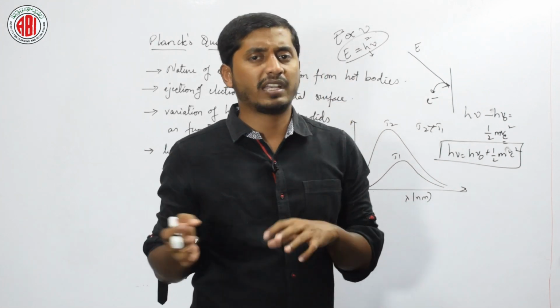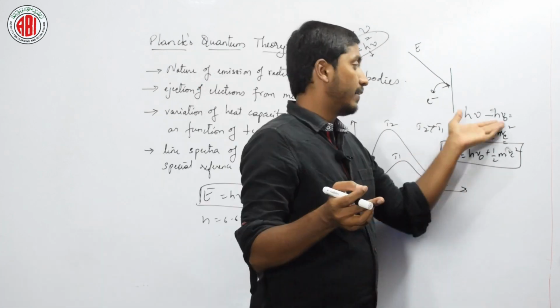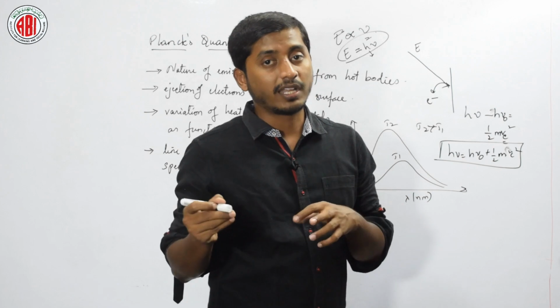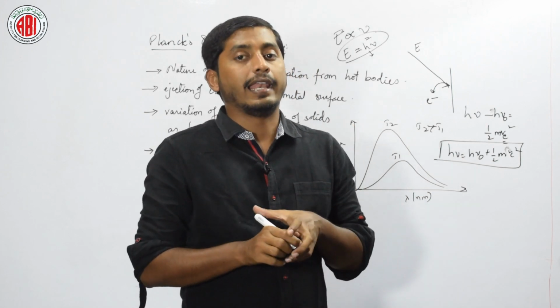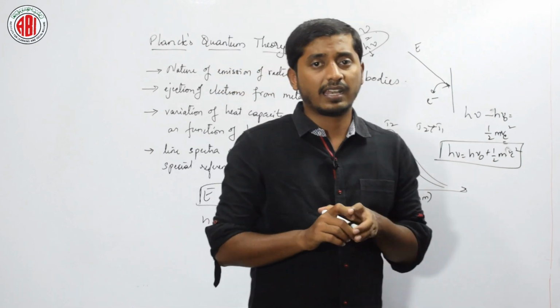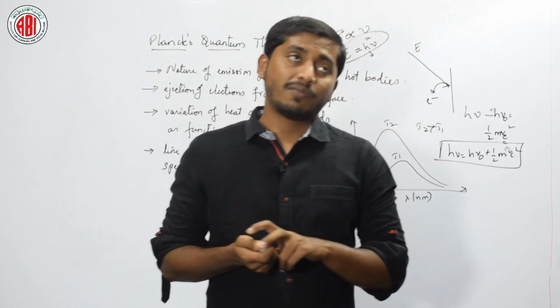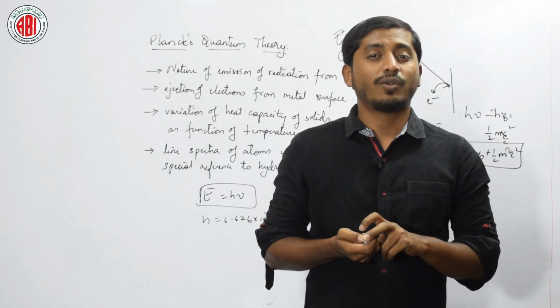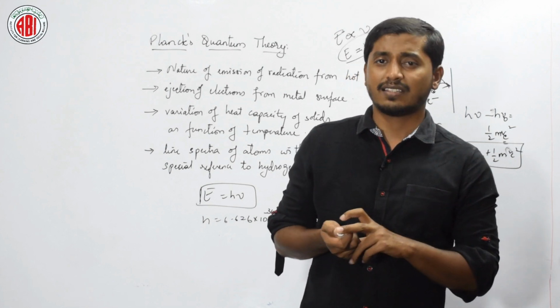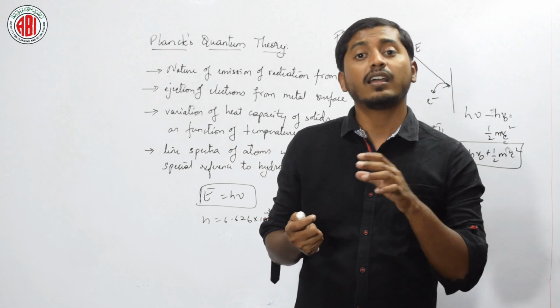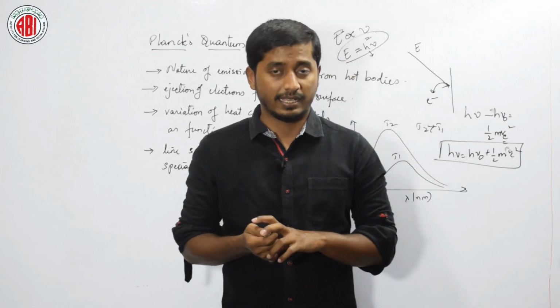Different metals have different threshold voltages. If it reaches the threshold voltage, only then does it eject an electron. Is it clear? This is how he explains the photoelectric effect. And one more thing is the dual nature. We already discussed that radiation can be in particle form or in wave nature. Okay, is it clear?